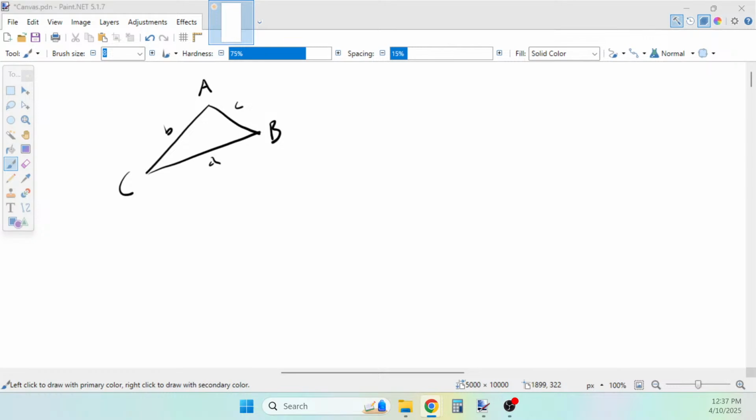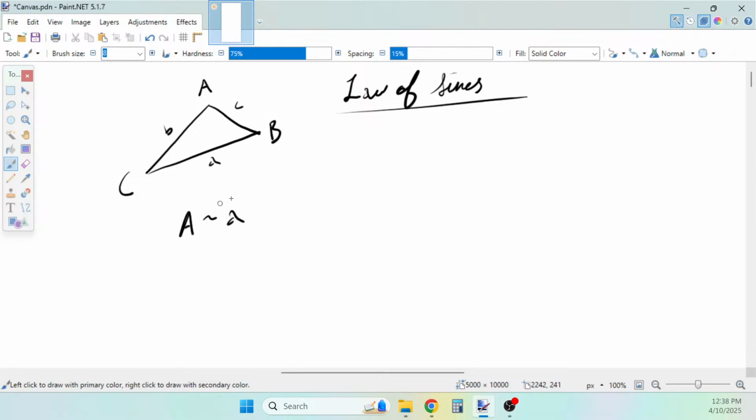So we're talking about the law of sines. The law of sines is a relationship between the three angles and three sides of a triangle, where every angle is labeled with a capital letter that corresponds to the opposite side being labeled with the same letter but in lowercase.